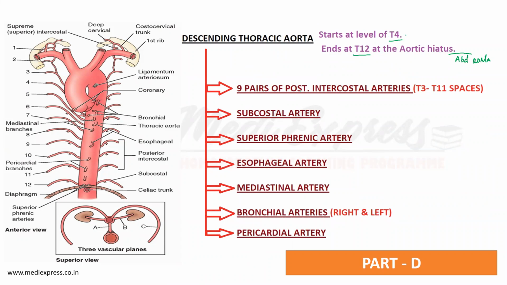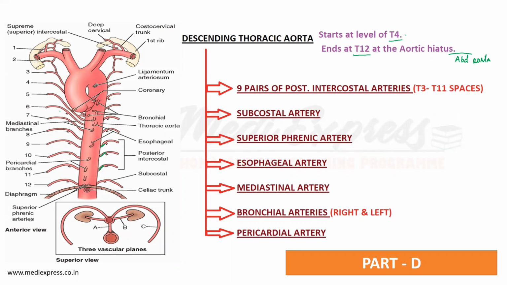Now coming to the branches, the first one is the 9 pairs of posterior intercostal arteries. Let's start from T3 till T11. So 1, 2, 3, 4, 5, 6, 7, 8, 9.